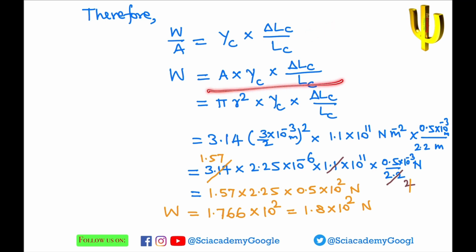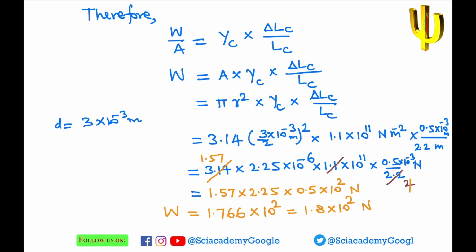So area of cross section of the copper wire into Young's modulus of the copper wire into strain of the copper wire. Area of cross section is equal to pi r square, into Y C into delta LC by LC. Now substitute the values for pi, 3.14, and radius. Diameter is given, 3 mm.